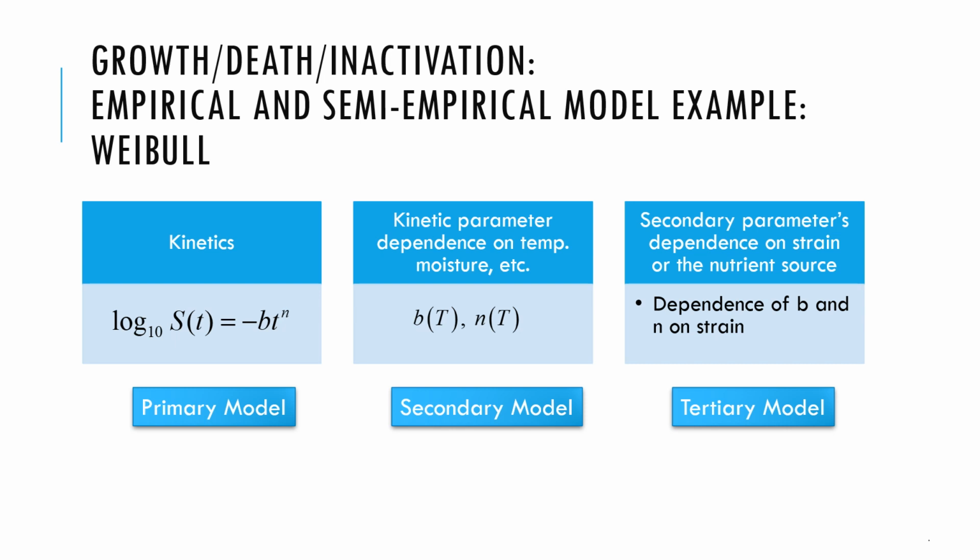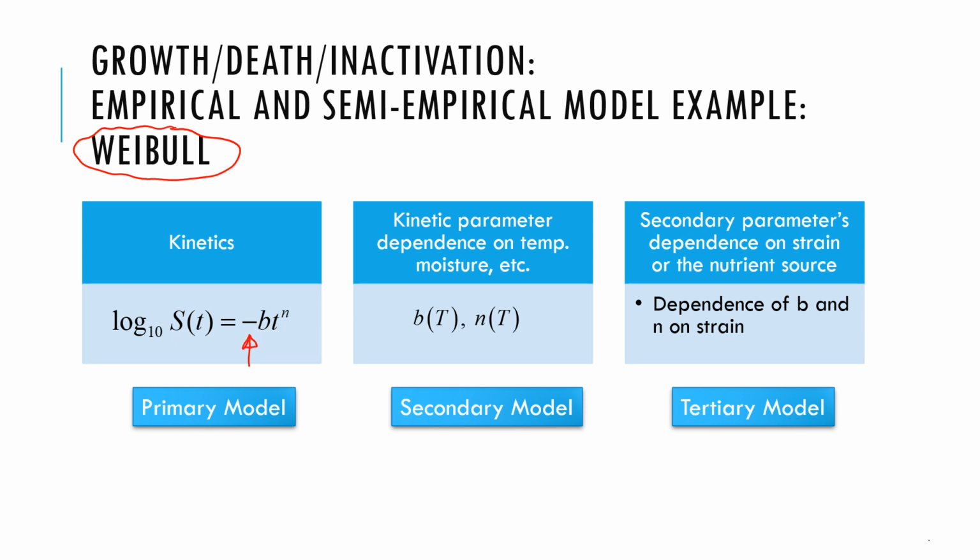Another example of inclusion of microbiological kinetics of growth or inactivation into this microbial physics framework is using this semi-empirical or empirical description known as the Weibull kinetics. So here is an example of inactivation, because as you see we have a negative sign.